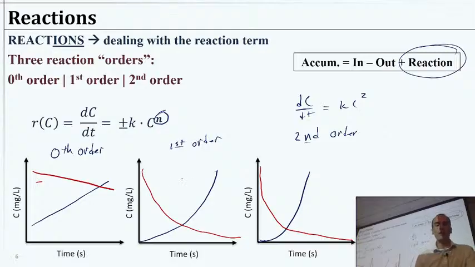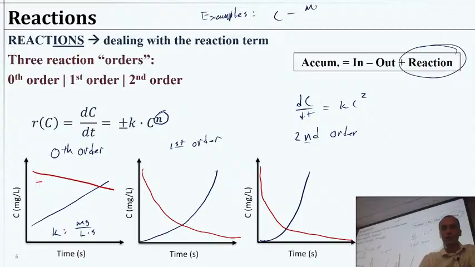So we'll see this in word problems where the units for K for zero order are going to be concentration per time, something like milligrams per liter per second, as an example. We'll just say C is in milligrams per liter, and T is in seconds.